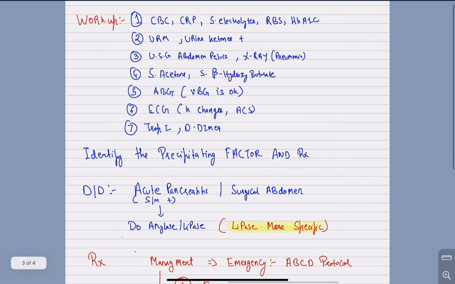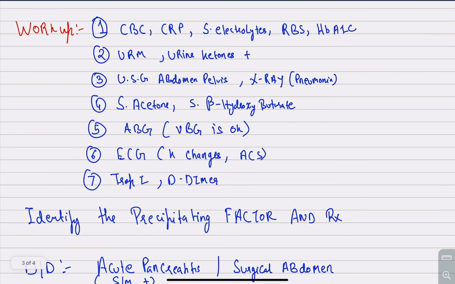So workup, what will you order from the laboratory? You will do a CBC, CRP, serum electrolytes, RBS, and HbA1c to see what the patient's average sugar level is, because to give insulin you need to know how much insulin resistance the patient has. You will order a urine routine for septic focus, and you test for ketones to confirm your diagnosis of ketoacidosis.